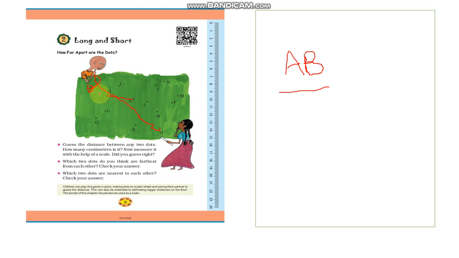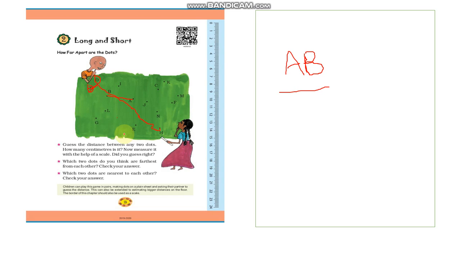It may be that 1 centimeter will be the shortest. We'll take the scale and measure the distance between D to H and G to M. Guess the distance between any two dots: how many centimeters does it have? Now we'll measure it with the help of the scale.